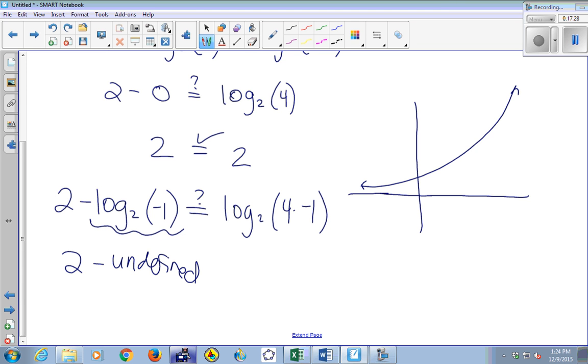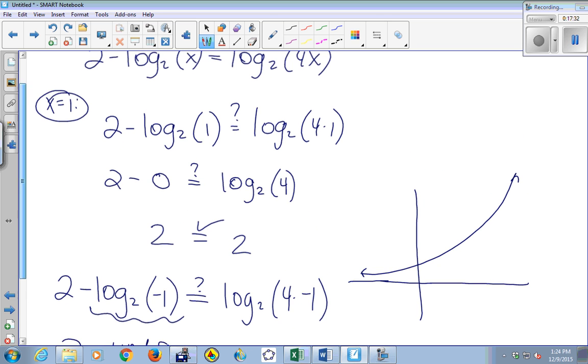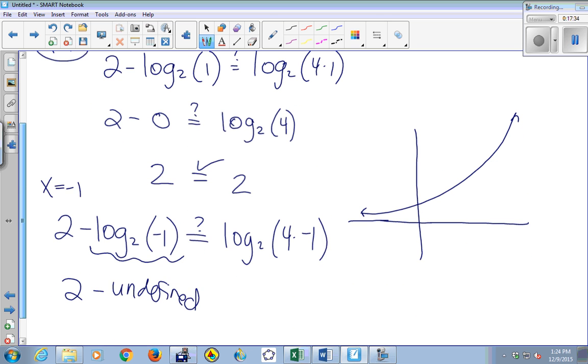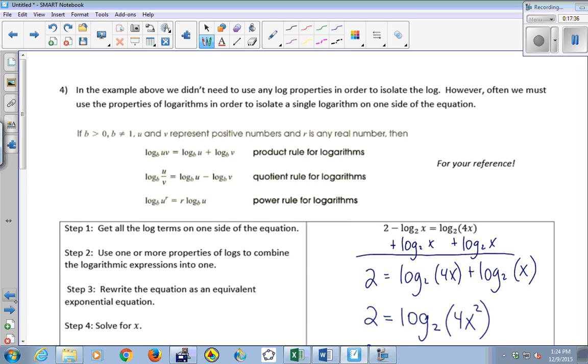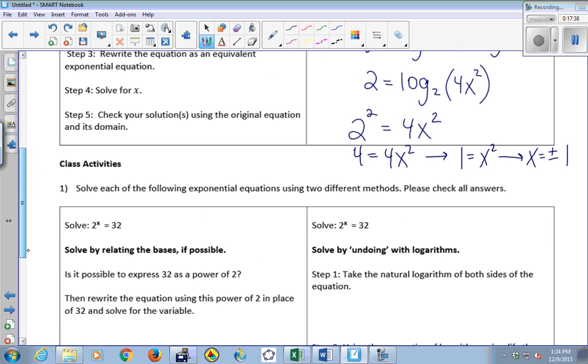So that means negative 1 is not a solution. That's an extraneous solution. Okay, so we go back to where we wrote our solutions, and we got to take out the negative 1. Okay, so you can go ahead and start your activities.